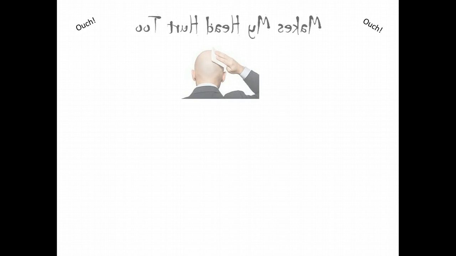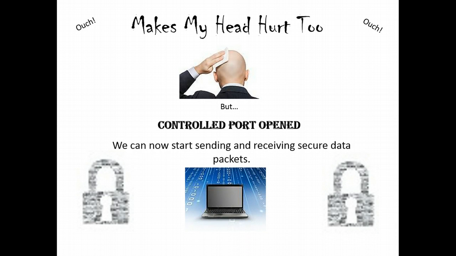Now, that is a lot of information to take in, and it can make your head hurt. But the point we're at right now to remember is the controlled port on the access point, the authenticator, has now opened, and we are ready to start sending and receiving secure data packets.